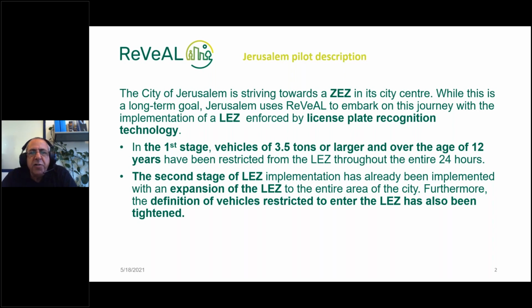The second stage of the low emission zone implementation has already been implemented with an expansion of the low emission zone to the entire area of the city. Furthermore, the definition of vehicles restricted to enter the low emission zone has also been tightened.